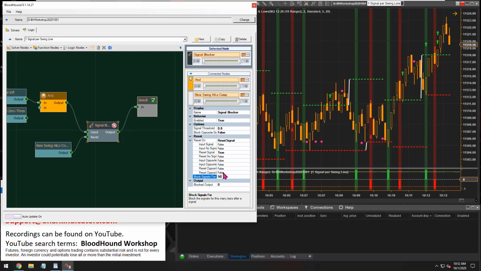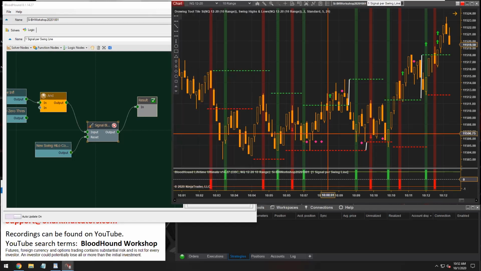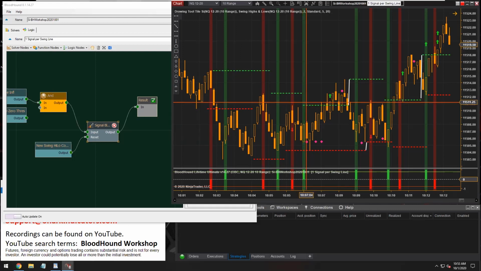And so the only reset we needed was the reset signals here. The only reason the reset signals is the only thing that was needed is that long signals getting through was based on new swing highs, and short signals getting through was based on new swing lows.